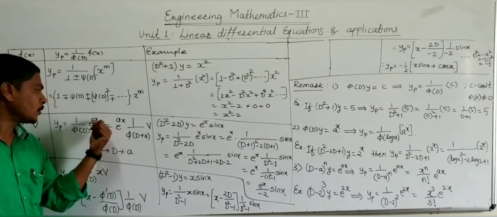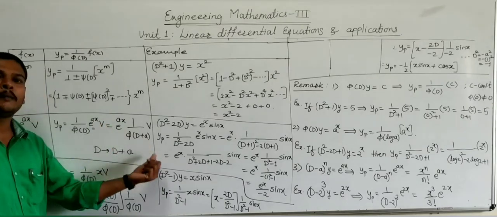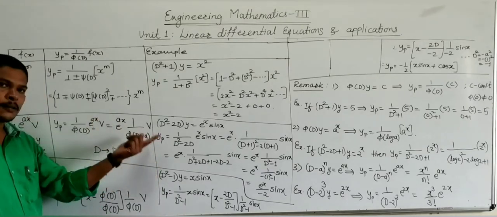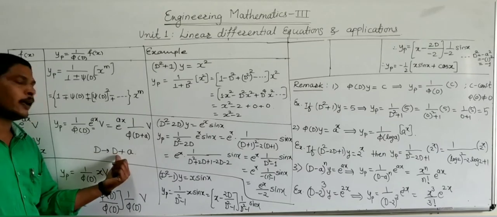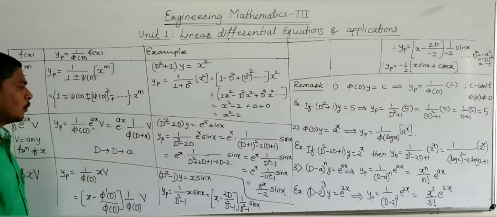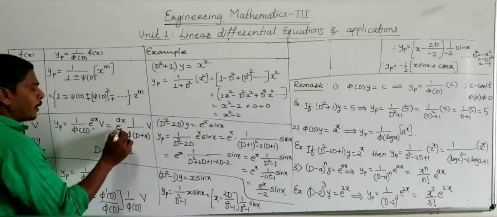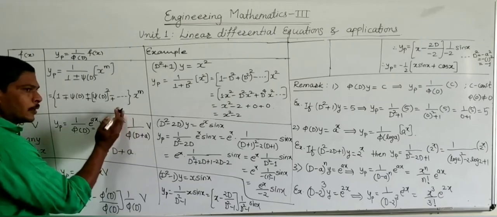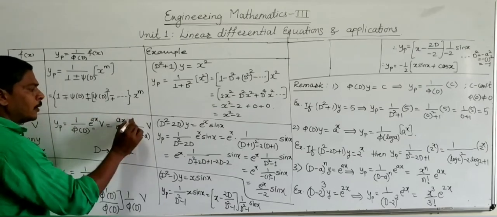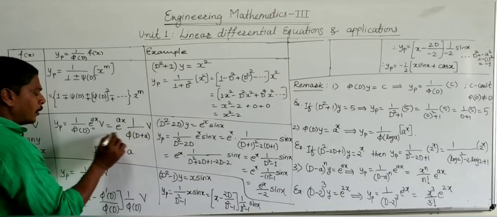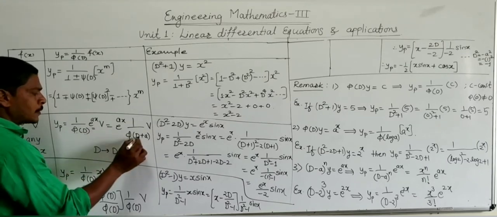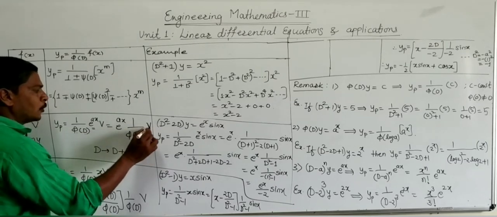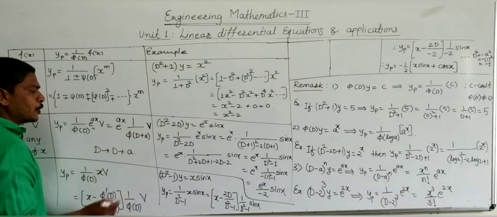If a is minus 2, then replace D by D minus 2. If a is minus 1, then we replace D by D minus 1. In that way yp becomes e raised to ax outside, into 1 divided by phi of (D plus a), into this function of x which is v as it is.